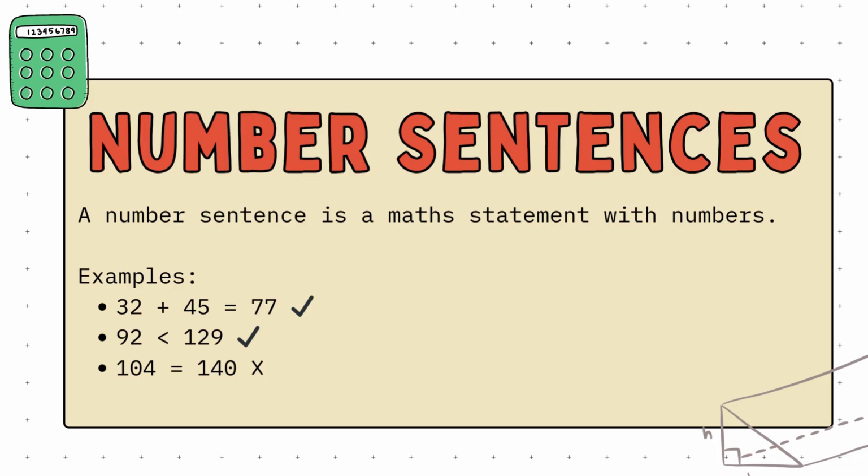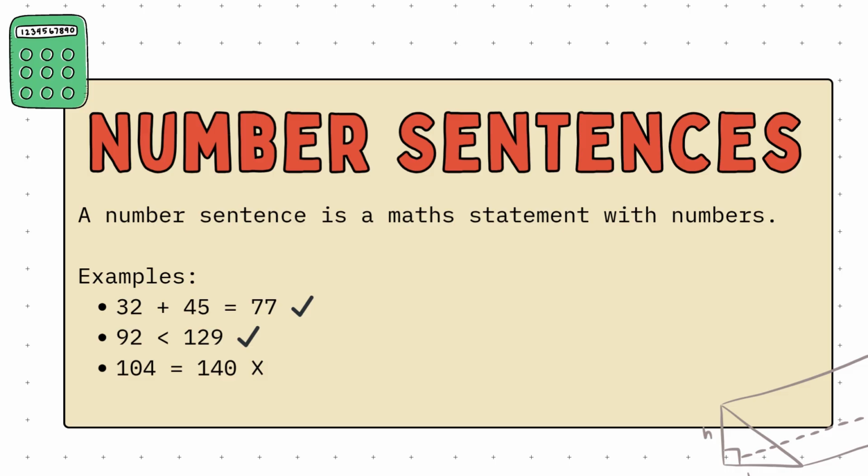Some number sentences show calculations, like this one: 32 plus 44 equals 77. This one is correct because if we add 32 and 45, we really do get 77.